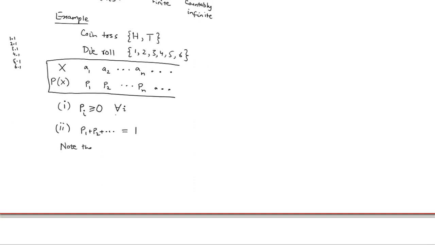Because property 1 and property 2, when combined, they imply that pi is less than or equal to 1 for all i. Why is this true?